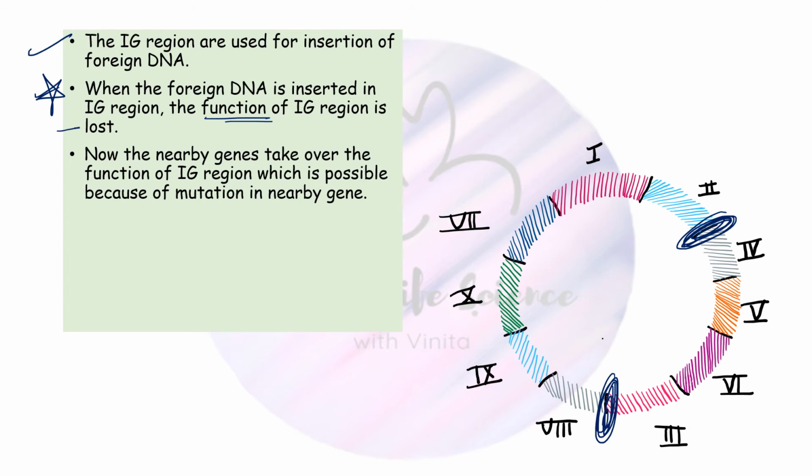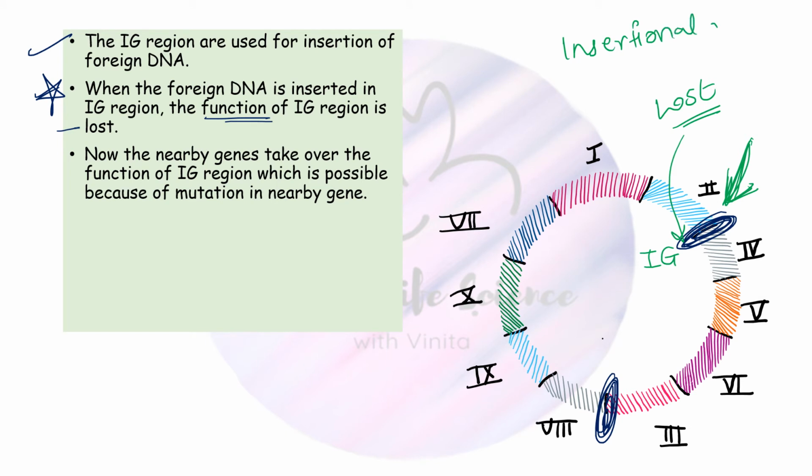For example, if you insert a foreign DNA right here, if you use this IG region for insertion of foreign DNA, the function of this IG region will be lost. This is due to the phenomenon of insertional inactivation.